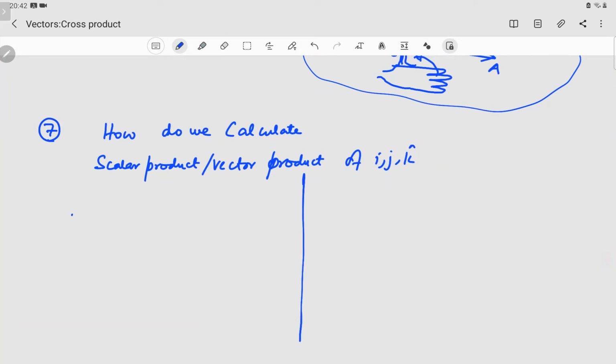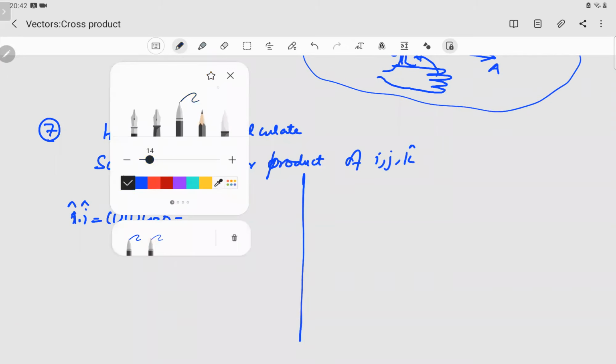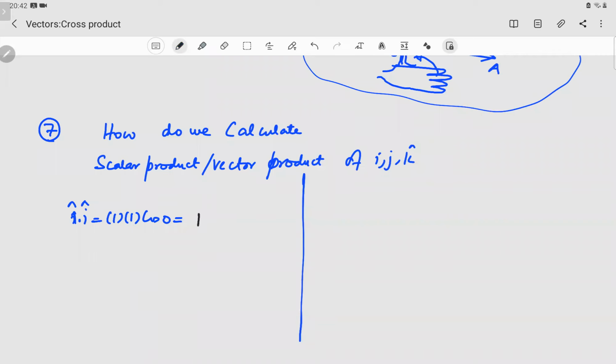Okay. You know that i dot i is equal to 1 into 1 into cos of 0, because you know that the angle between i with itself is 0, so this makes it 1. j dot j is 1. k dot k is 1.